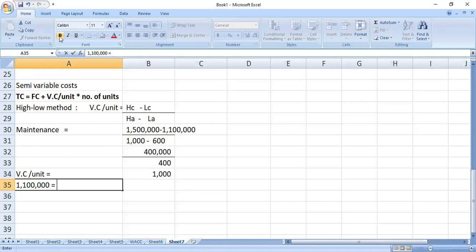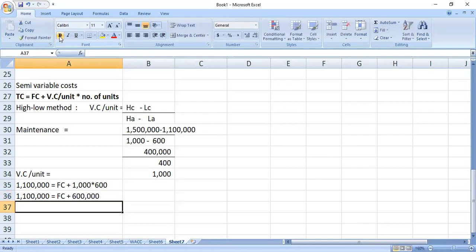This total cost comprises a fixed cost that I don't know, plus the variable cost which you have just obtained, times the number of units. The number of units is known, 600. So what's our fixed cost? 1,100,000 is going to be equal to our fixed cost plus this times that, you'll get 600,000. And so when the other one crosses the equal sign, you'll be left with 500,000 as the fixed cost.